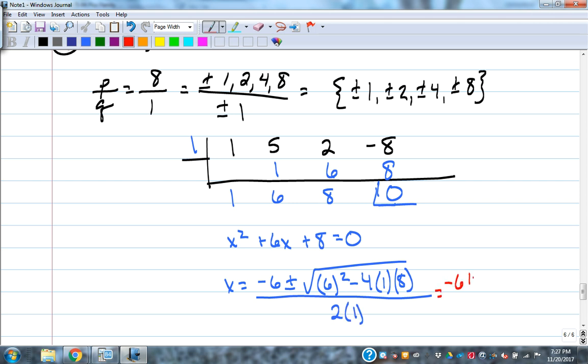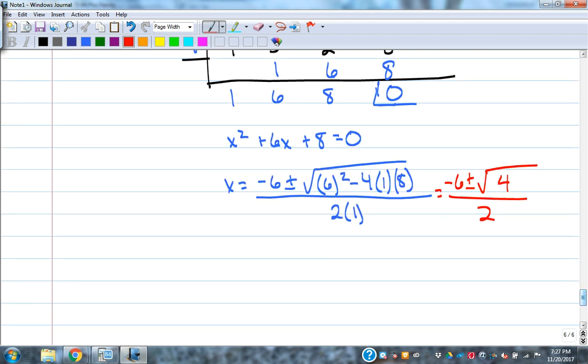That'd be negative 6 plus or minus the square root. 6 squared is 36. 4 times 1 is 4 times 8 is 32. 36 minus 32 is 4. So we end up with negative 6 plus or minus 2 over 2. So negative 6 plus 2, negative 4 over 2 is negative 2.